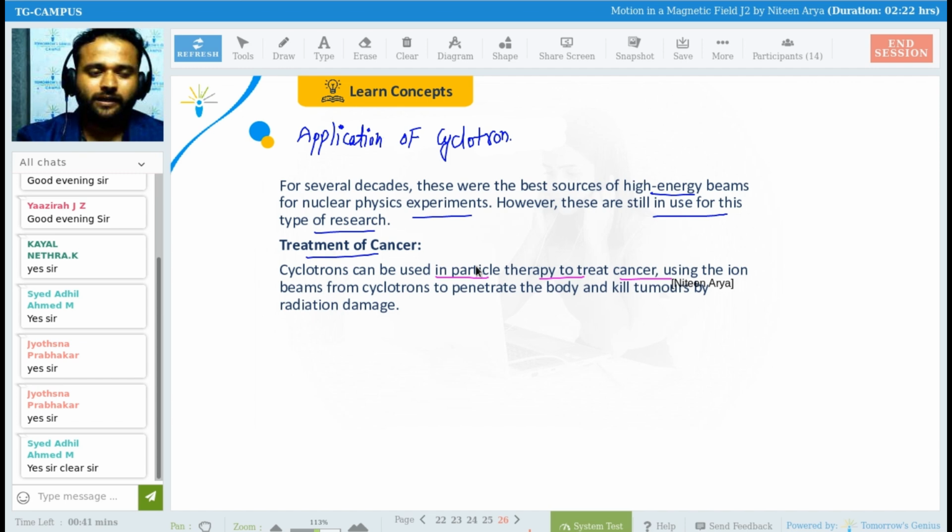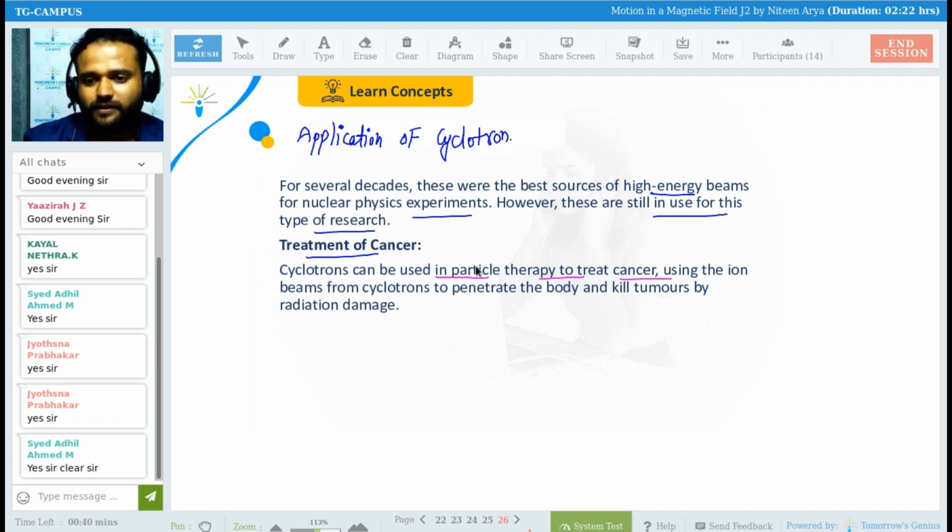What is the meaning of that? What is cancer? Whenever any particular disease does that much damage, we cannot do surgery for that, neither can we remove that particular part. So we hit a few particles to burn that tissue, to use these high energetic particles for the treatment of cancer.